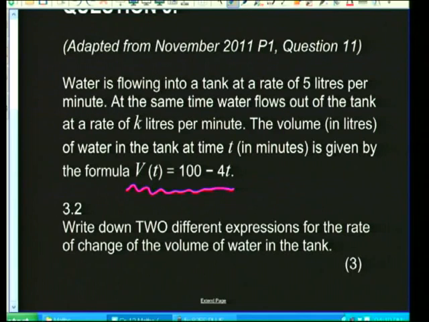There's something quite interesting about the original function they gave us. They said that V(t) is equal to 100 minus 4t. This is a linear equation, and the reason I know that is because I don't have any squares above my t value. Because the volume is represented by a linear equation, the rate of change is going to be constant, because any linear function has a constant rate of change.